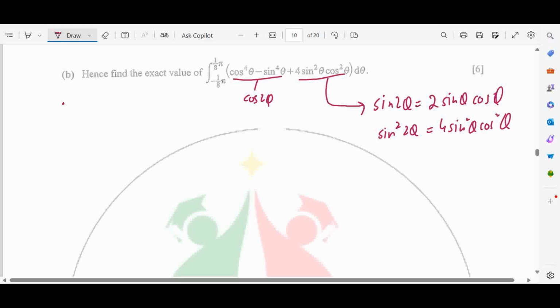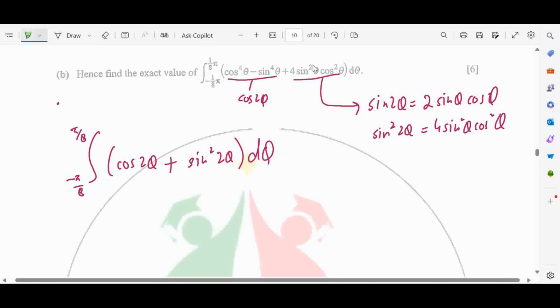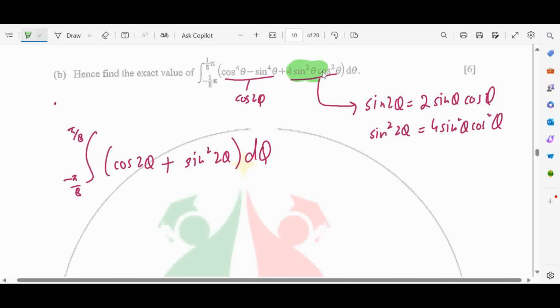So I can write this one as cos 2 theta plus 4. In fact, I can replace this one with sine square of 2 theta. Now minus pi by 8 and plus pi by 8. Now one issue is sorted out, that we have to find out the solution of this thing.